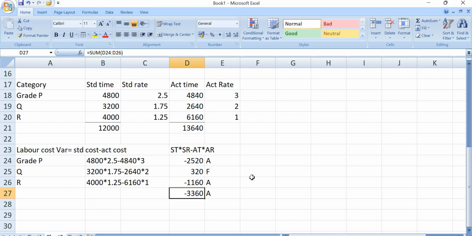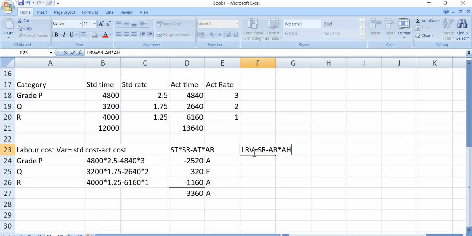Now let's calculate labor rate variance. Okay, so labor rate variance is equal to the difference between rates, that is standard rate minus actual rate, into actual hours. So remember, we are using actual hours only in rate variance.